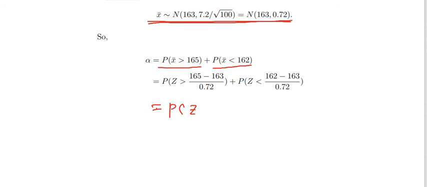So z larger than, let's see, this is 2 divided by, okay, 2.78. Plus z less than, this is negative 1.39.